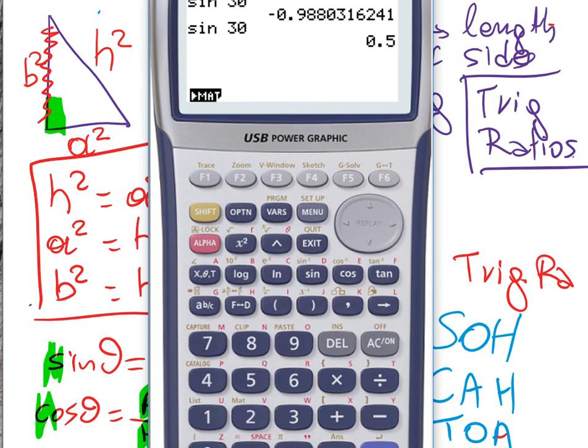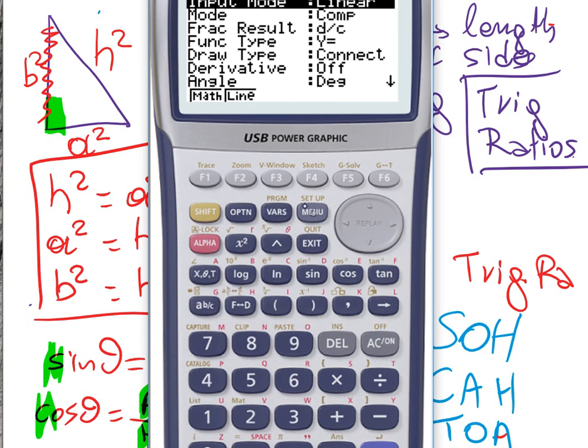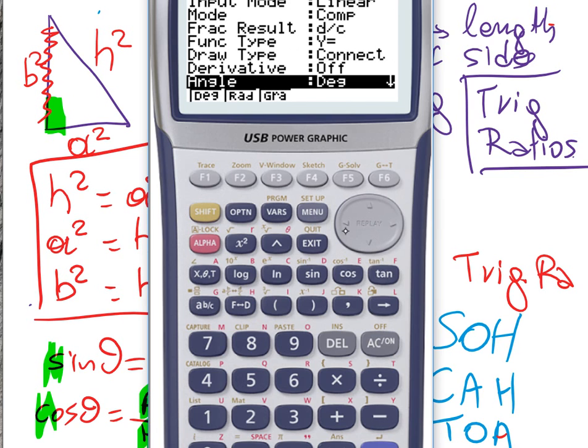I want to remind you something else. By now, I hope you have your emulator of the calculator downloaded. Before we start finding sine and cosine, I want you to ensure that you press Shift Menu and scroll down and ensure that the angle is on degrees and not radians.